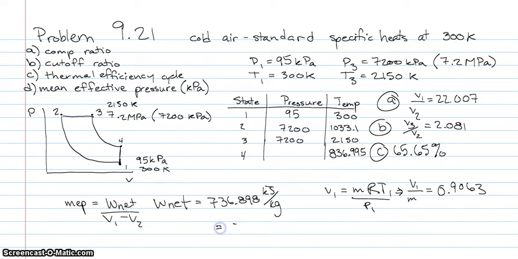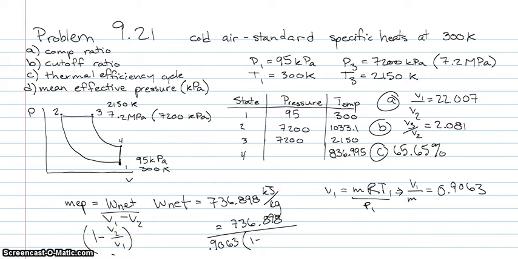We know the cold air standard analysis thermal efficiency to be the work of 736.898 over 0.63. And then, for the fact that we're looking at the volume at state 2, we can use the ratio, since we've got to find some properties of each state.